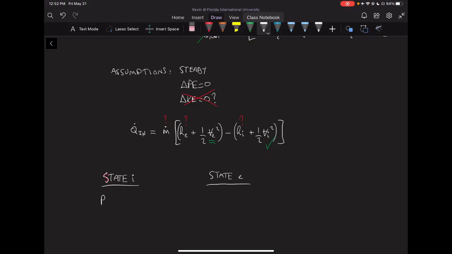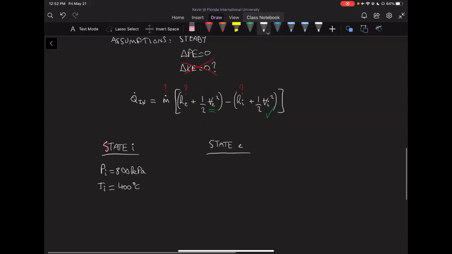At the inlet, we know that PI is equal to 800 kilopascals. We know the temperature at the inlet as well, which is 400 degrees Celsius. And we know that the velocity VI is equal to 10 meters per second. From this, we can actually figure out what HI would be.